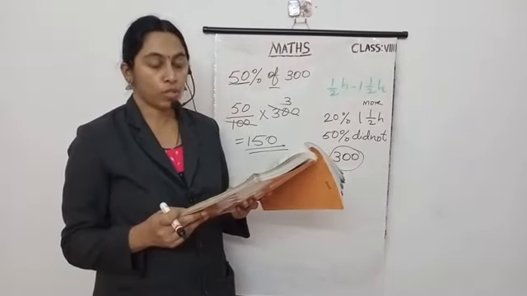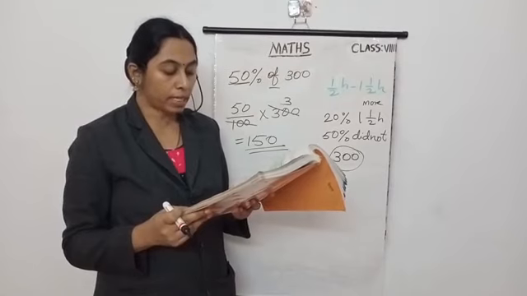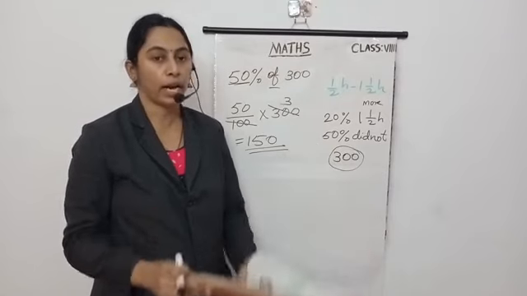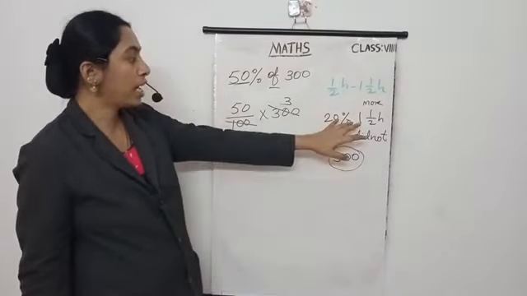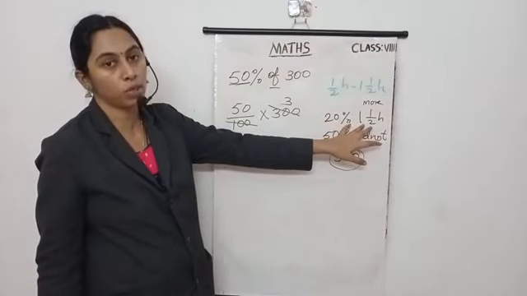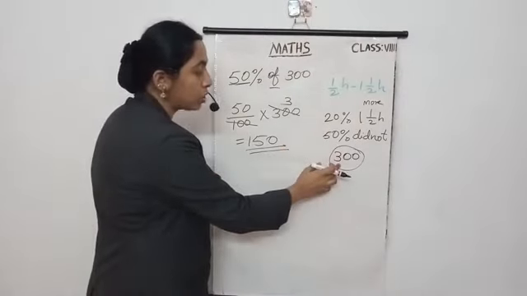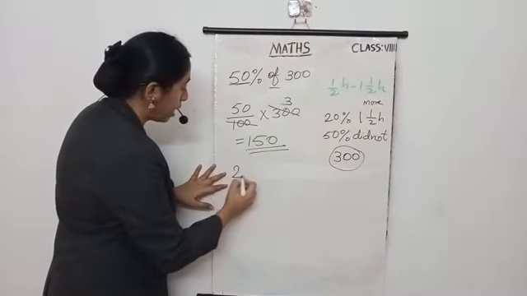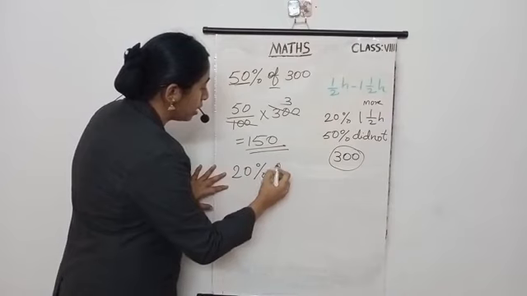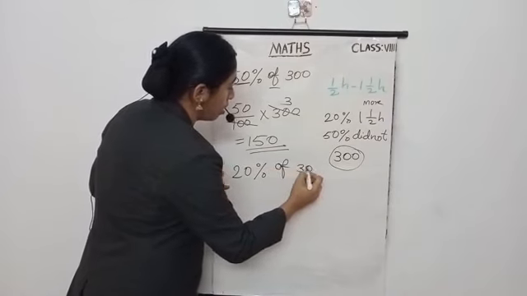Now sub question 3. How many said that they helped for more than 1.5 hour? More than 1.5 hour, 20% parents said. So we need to find 20% of this 300, that is 20% of 300.